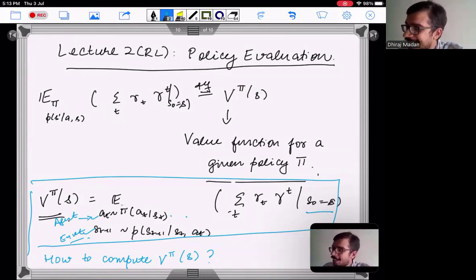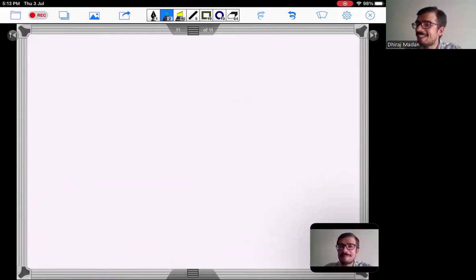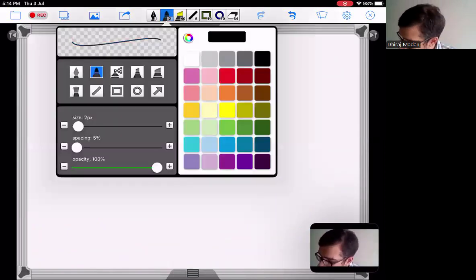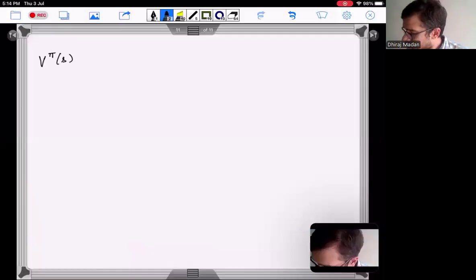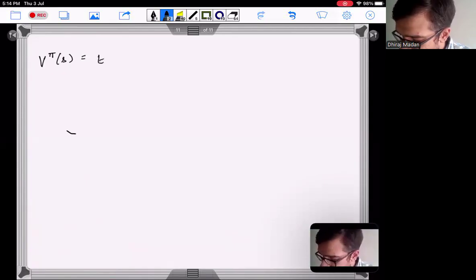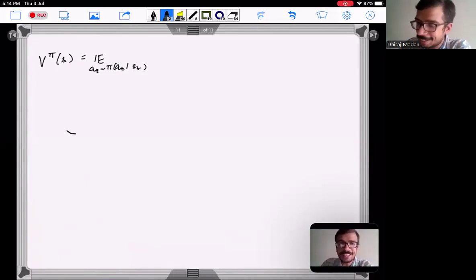How do we now compute this? There is a very interesting dynamic programming based solution for this, and that's what we are going to look at now. It's known as the Bellman equation. Let's see how to compute this. When I have V pi of S, as I have just written before, it's an expectation over pi of AT given ST. This is not just a single distribution; it's at every time step.